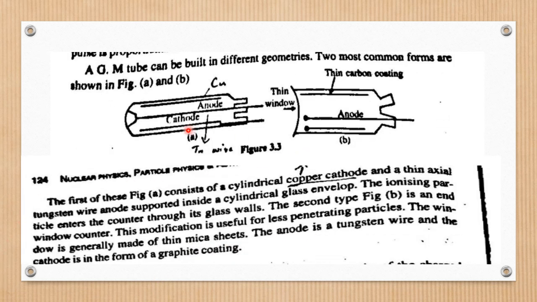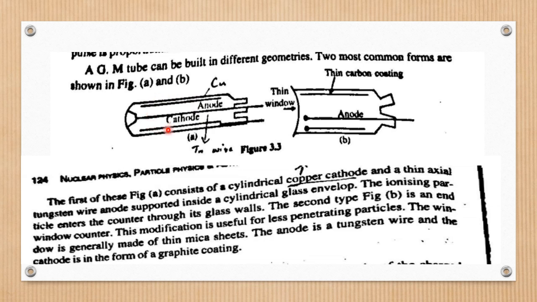So these are the two most common geometries of GM counter. Let us see figure A. It consists of a copper cathode with a thin axial tungsten wire, which serves as the anode.